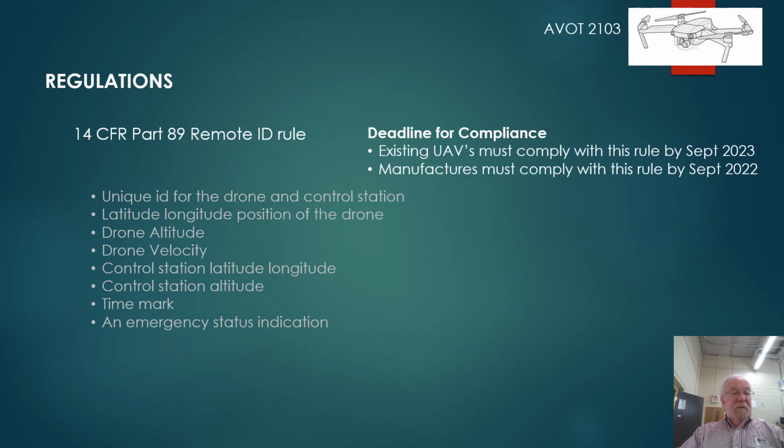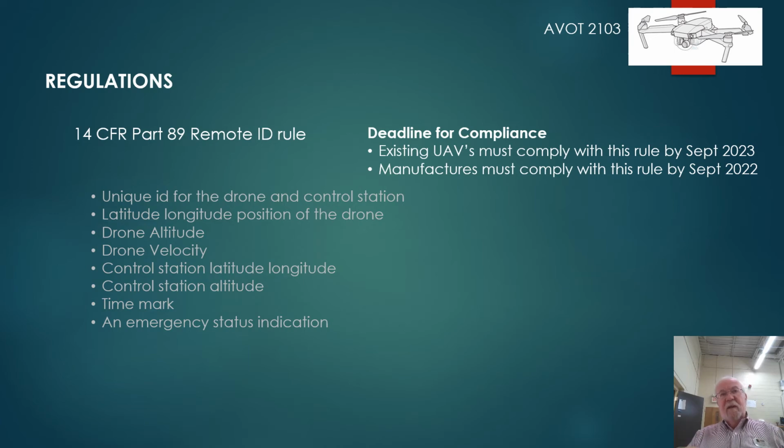The deadline for compliance for this Remote ID for manufacturers is September 2022, next September. But for those of us that already have a UAV, for existing UAVs, you have an extra year beyond that. So we have until 2023 to fix our drones so that they can fly and have Remote ID.